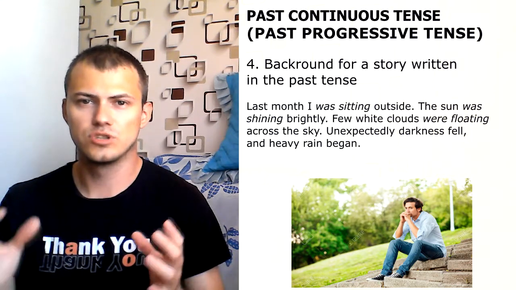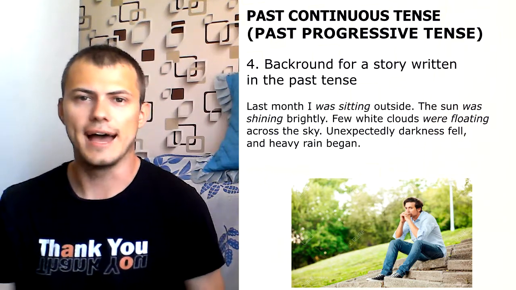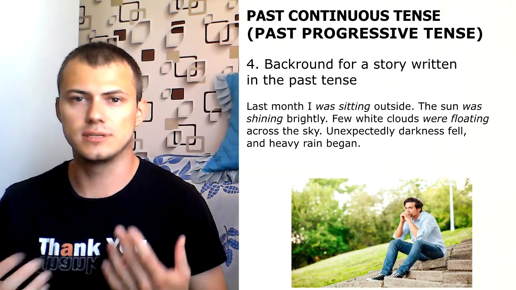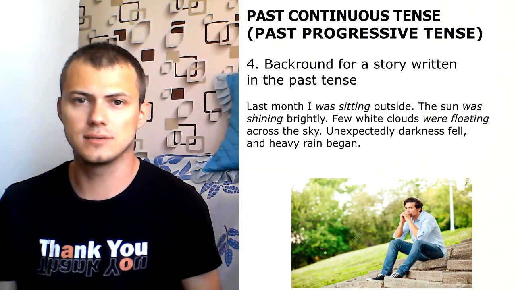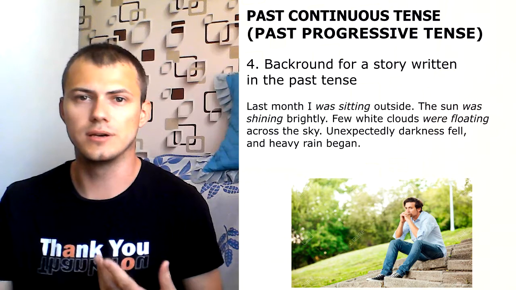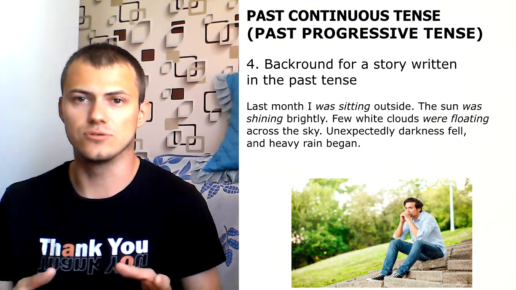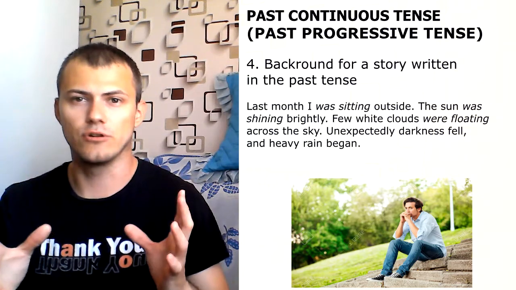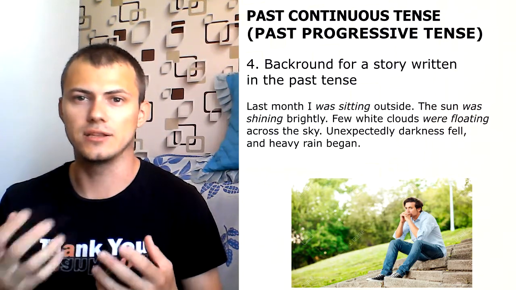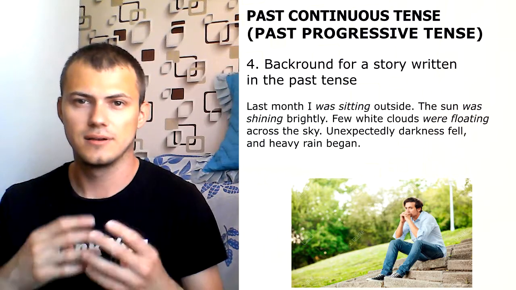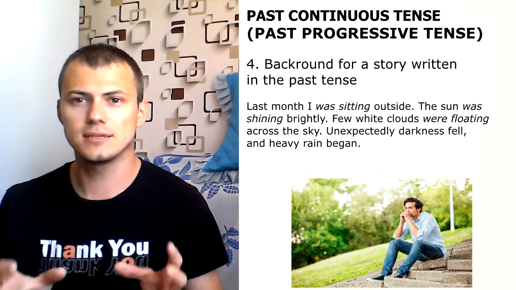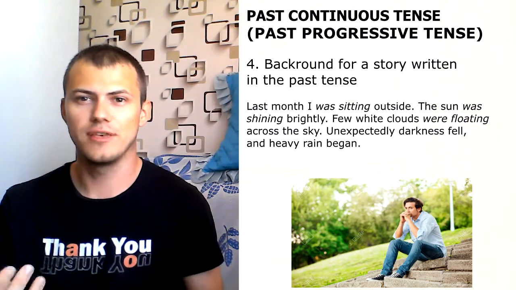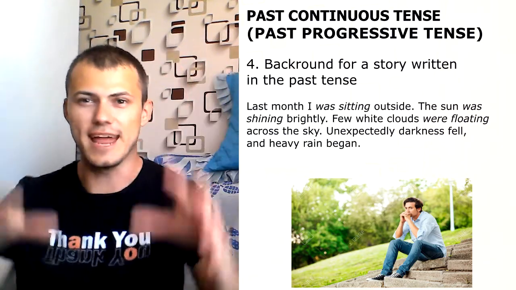Unexpectedly, darkness fell and heavy rain began. So, as you can see, our sentences in which we used the past continuous tense were some kind of background, some kind of scene that prepared us for the main event of this story, the heavy rain.